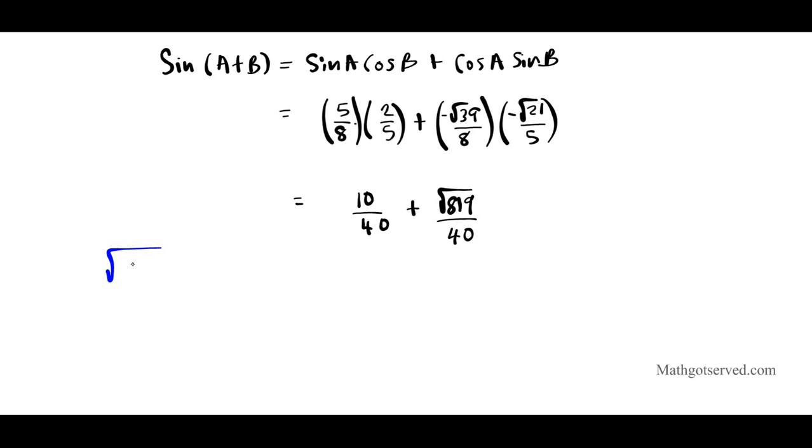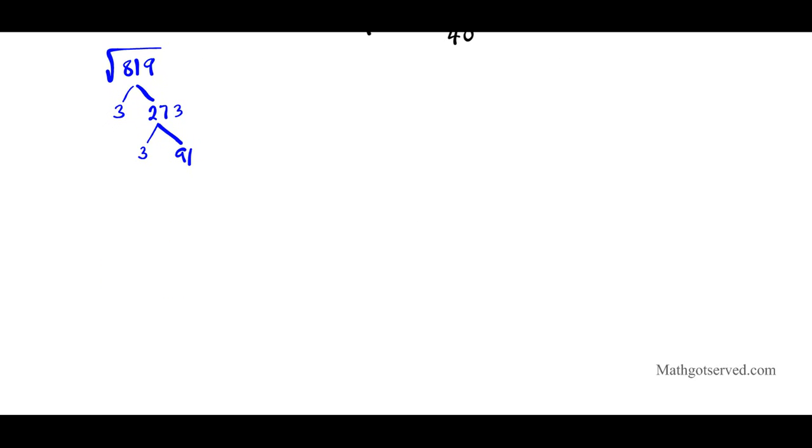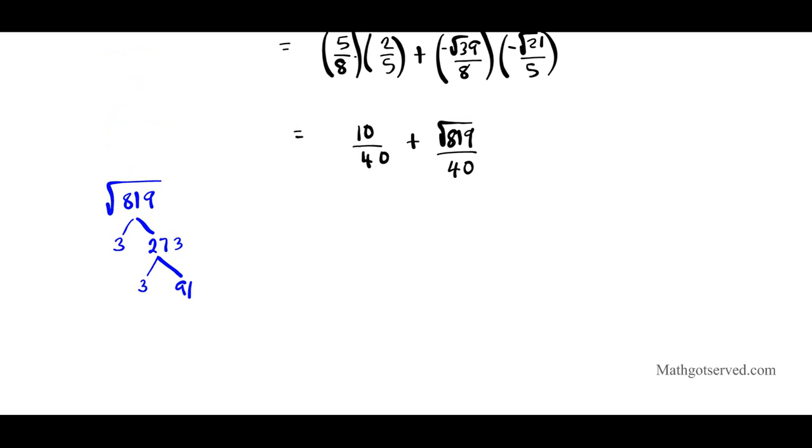So the square root of 819, we'll take out 3. 3 goes into 819 273 times. And take out another 3. 3 goes into 273 91 times. And then 7 goes into 91 13 times.